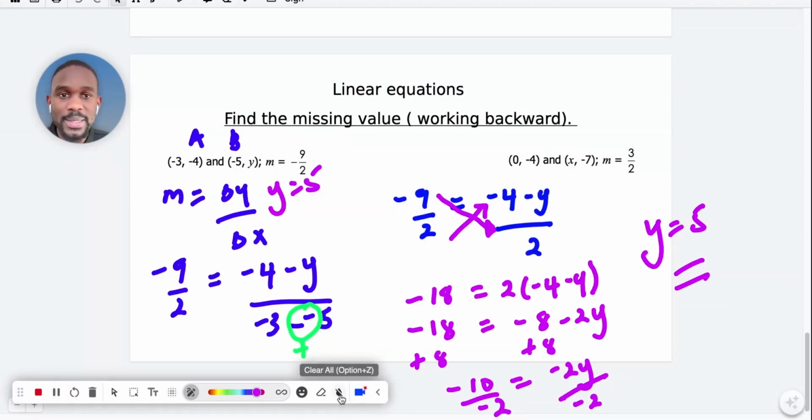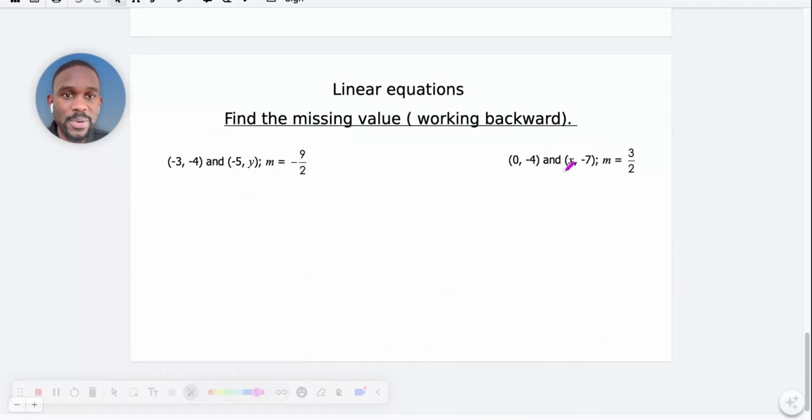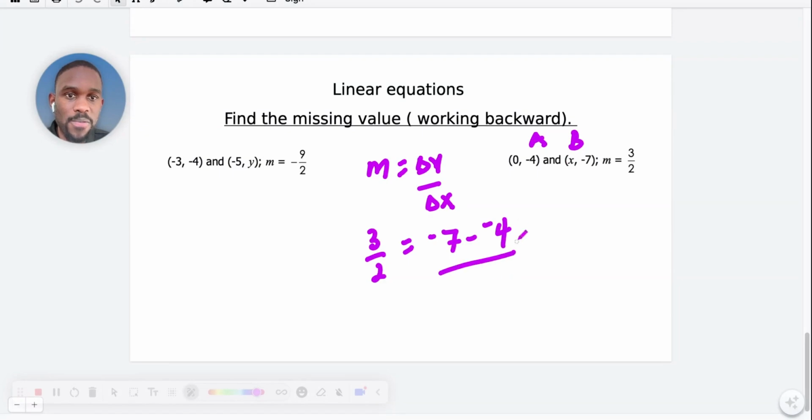Please feel free to pause this video at any time to try out this problem. So if we look at our last example, we're looking for a missing value, which is x. But from first principles, we know the slope of a line is equal to change in y over the change in x. We know the slope. It's 3 over 2 being equal to the change in y. So let me start with B and let me call this A. So starting from B, we'll get negative 7 minus negative 4 over x minus 0, which is the same as x.